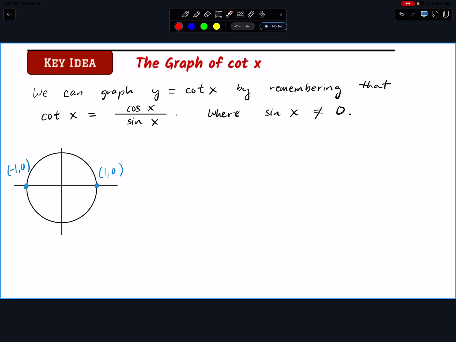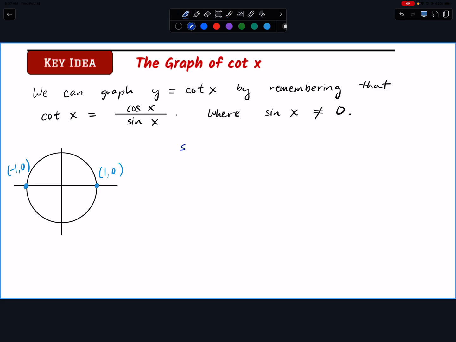Do you guys remember how tangent had that restriction about it being odd? Cotangent doesn't, because this is just 0 pi, 1 pi, 2 pi, 3 pi. What type of numbers are all those numbers? They're integers, okay? So that's something to keep in mind.